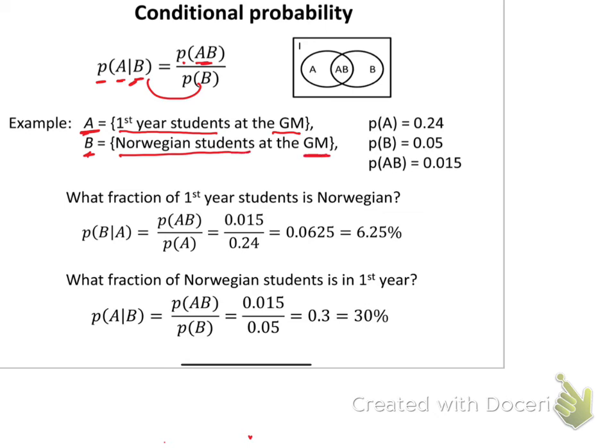So this is A, which is first year. These are first year students. And this group B, or set B, is Norwegian students.